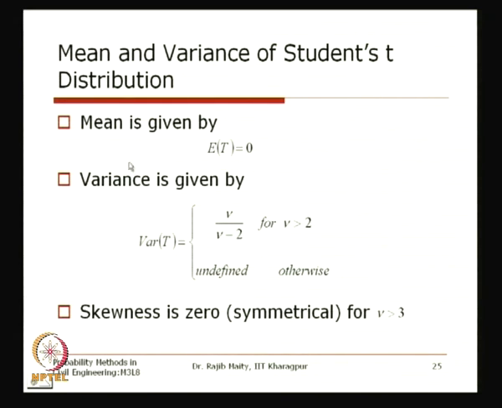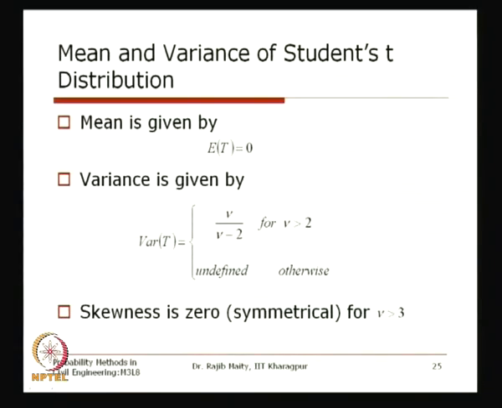Now, these are the first few moments of this distribution. First of all, the mean of the student T distribution is equal to 0 when we are talking about the standard T distribution, which is basically what is used when we do statistical tests.